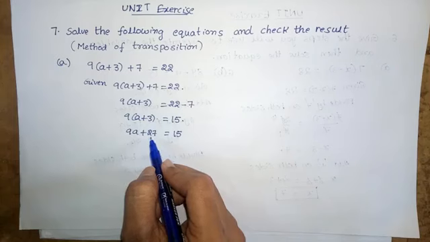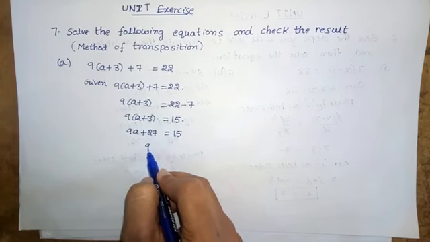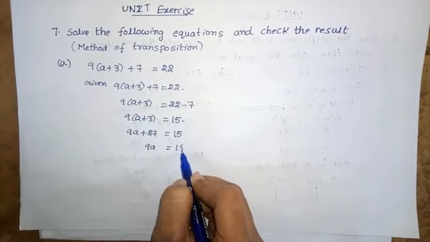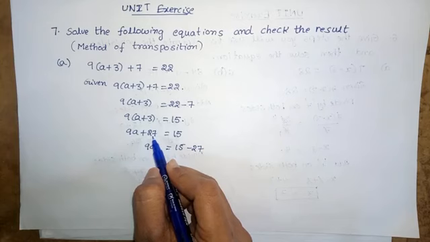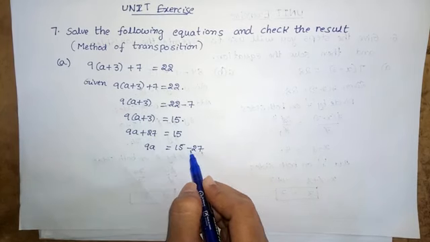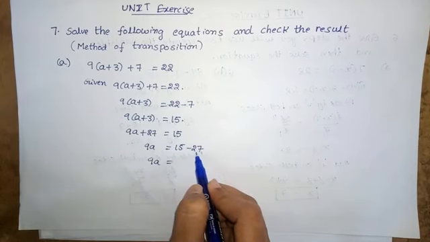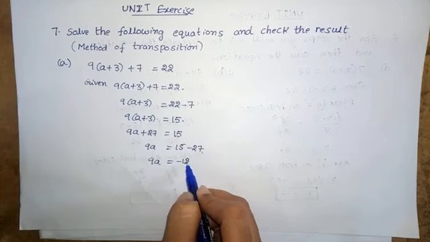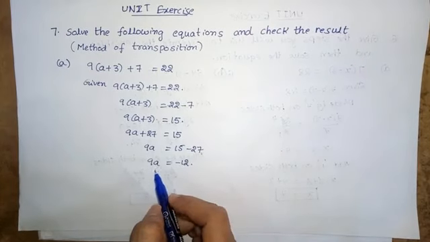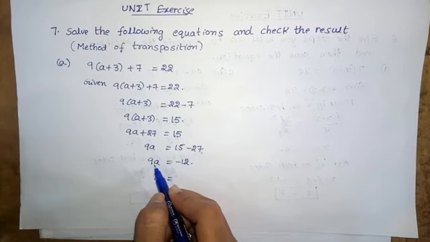So in this plus 27 transpose into right side. So 9a it is equal to 15 minus 27. Plus 27, it is transposed into right side, it becomes minus 27. So from this 9a, it is equal to 15 minus 27 becomes minus 12. So find a value. So here the relation with 9 is multiplication.